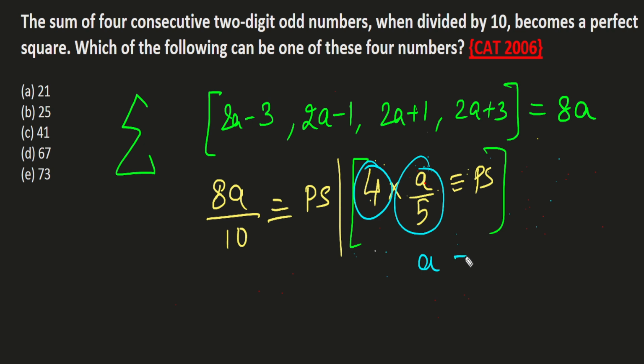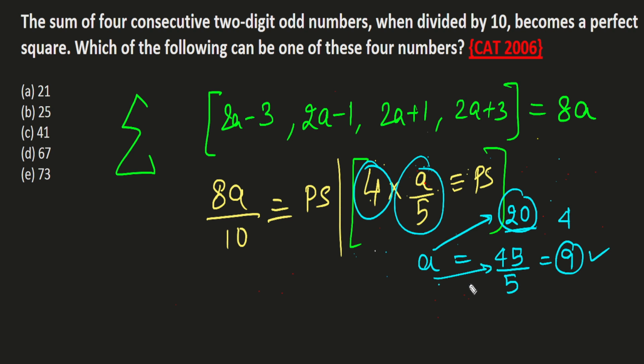So if a is 45, 45 by 5 gives me 9, that is a perfect square. The perfect square less than 9 is 4, in which case 20 will be the value of a. Please pay attention. With 45, the numbers that I will get are 89, 91, 93 and 87. I hope you remember these were the first set of numbers that did not work.